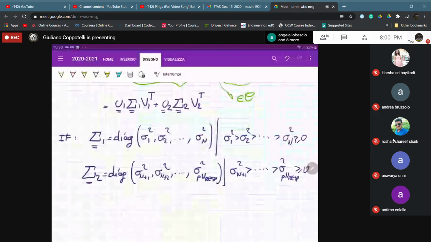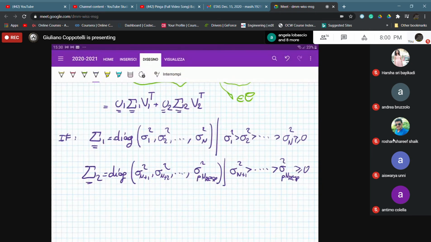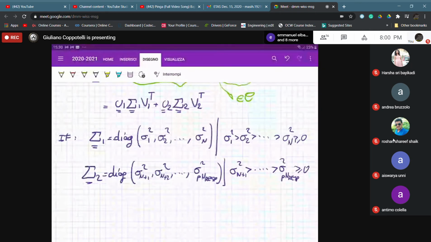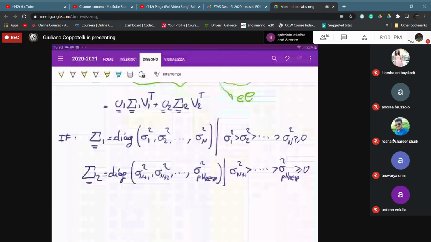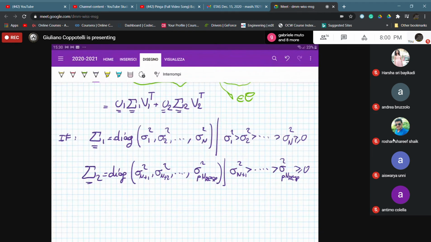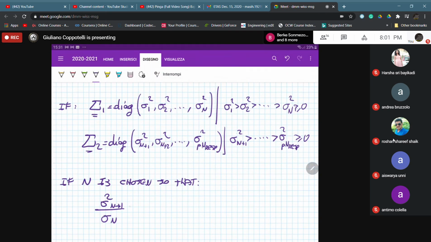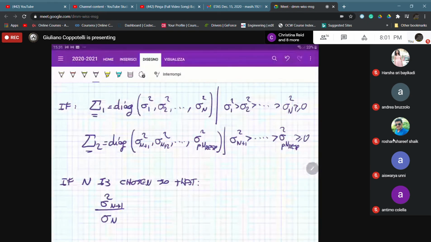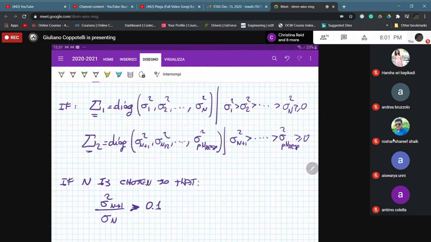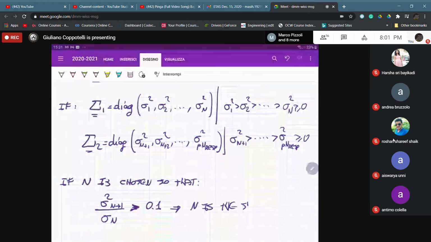Okay, now those two matrices could be recast so that we are just retaining the most important components. If such an n is chosen so that, let's say, sigma n plus 1 square over sigma n is, let's say, smaller than 0.01, that is one order of magnitude, then we find out that n is the system order.